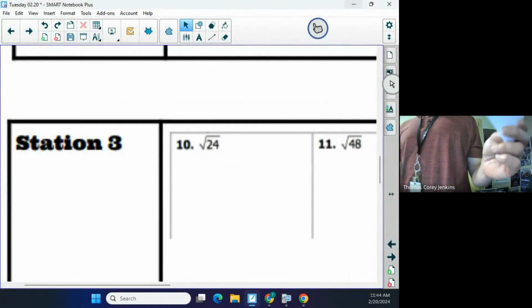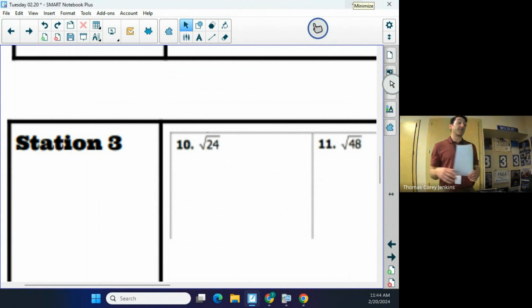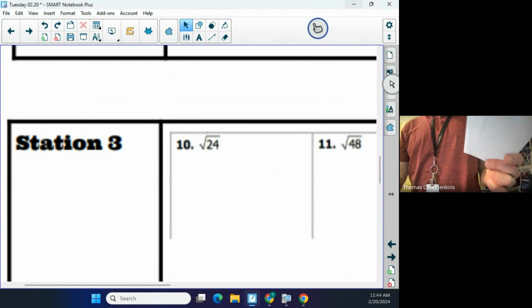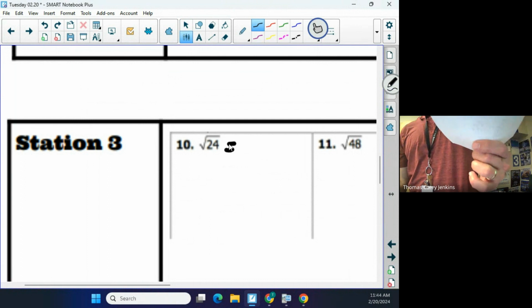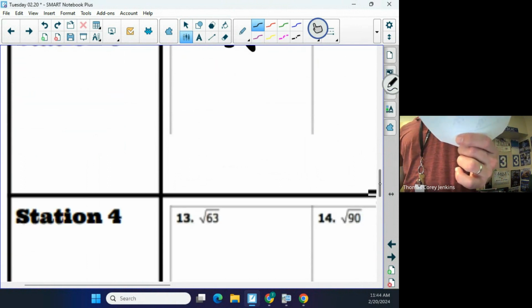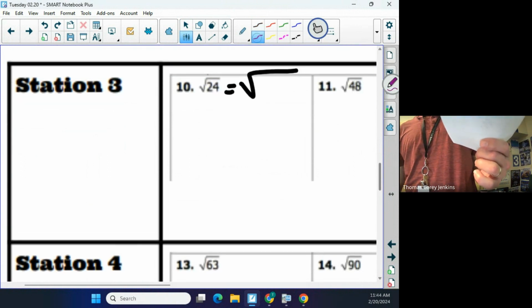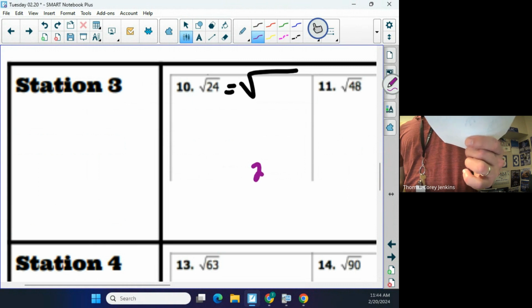I'm going to show you a method that uses prime factorization. So you might remember factor trees from some point in pre-algebra, but if not, we will go over those now. So we want to basically break down 24 into the factors that multiply to 24. And the easiest way to get that is a factor tree. So I'm going to divide by 2.